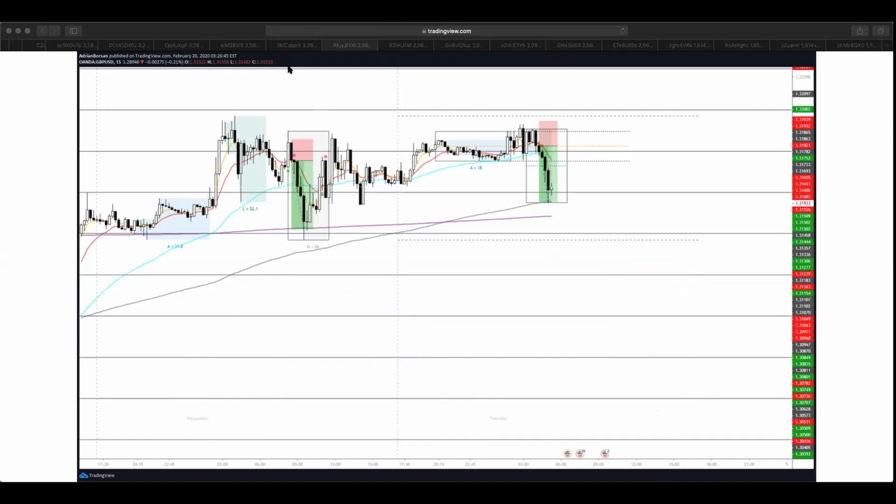Where's the yellow at? So this is the 5 EMA here. Just say the 5 EMA is like this, right?